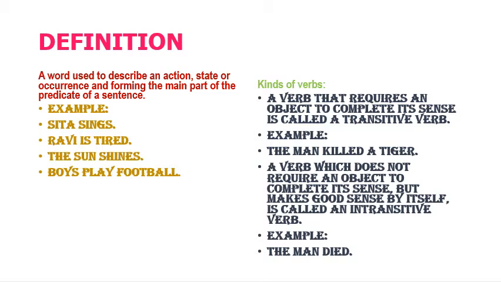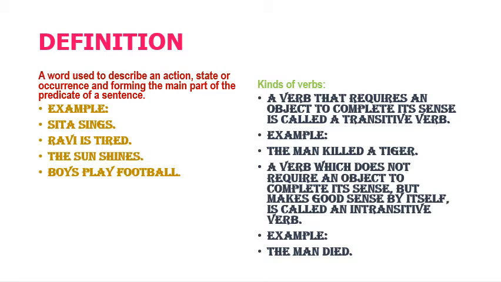A verb that requires an object to complete its sense is called a transitive verb. Example, the man killed a tiger. Here, the action is incomplete if we simply write the man killed.